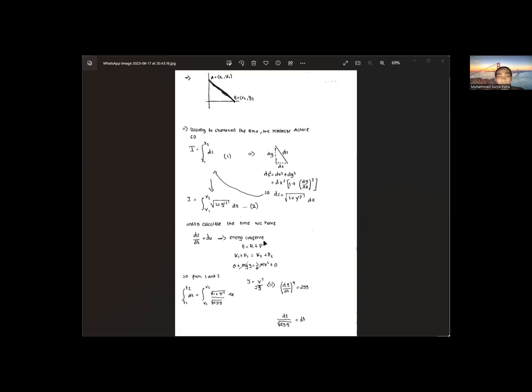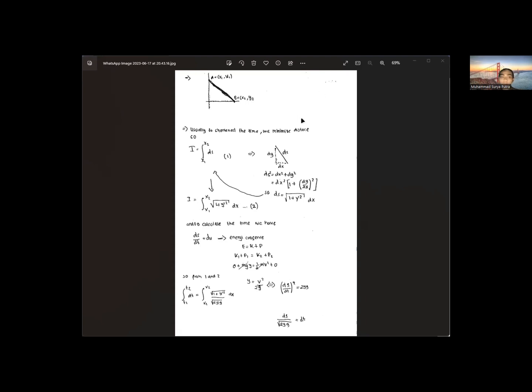So we can get the equation dt equals ds over the square root of 2yg, where g is gravity. We substitute this dt and integrate it, with ds substituted by the square root of 1 plus y prime squared, dx.